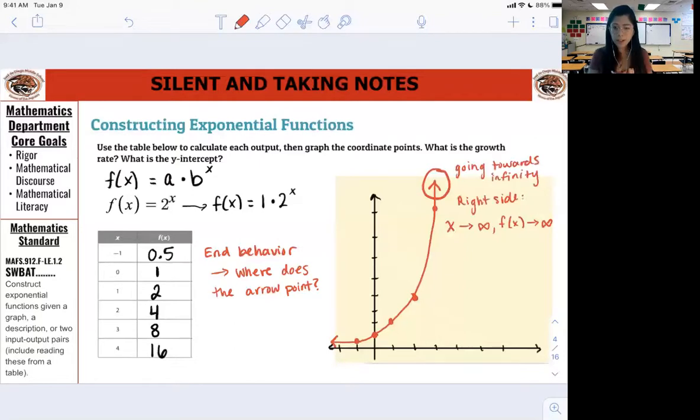So write it down, just for now, copy it into your notebook, and I'll explain exactly what this means. As x approaches infinity, f of x approaches infinity.